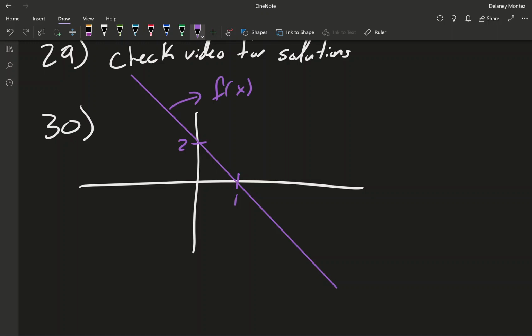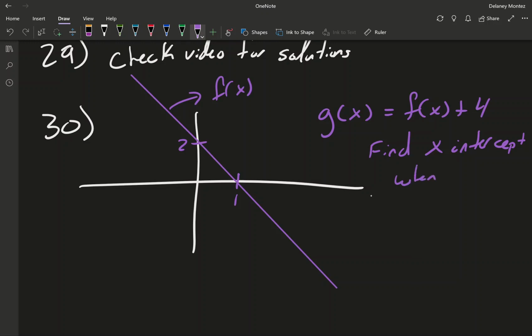And they're saying g of x is defined by whatever value f of x takes plus 4 to it. Find the x-intercept. What is the x-intercept? Well, that's whenever the graph crosses the x-axis, or when y is 0.